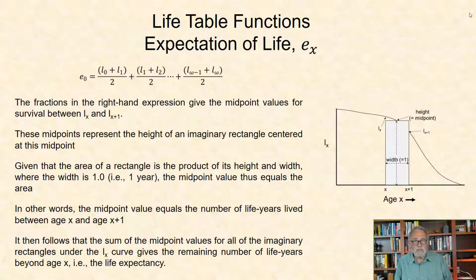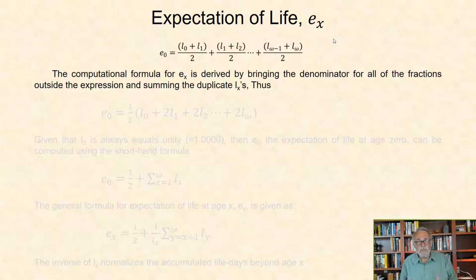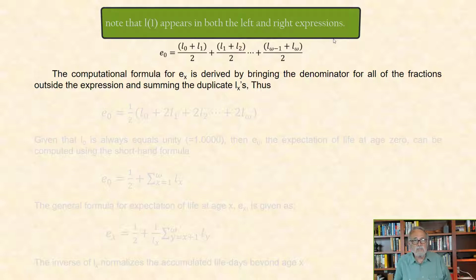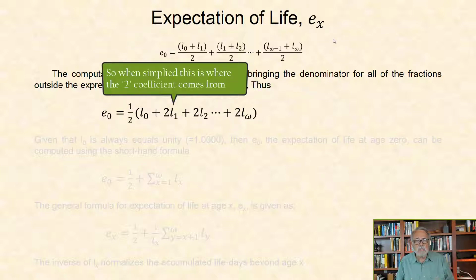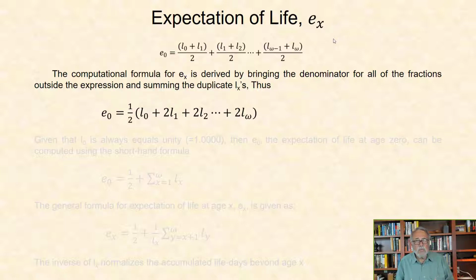the life expectancy. The computational formula for ex is derived by bringing the denominator for all of the fractions outside the expression and summing the duplicate lx's. Thus, e0 equals 1/2 the sum of the expression inside the parentheses. With the exception of l0, there are 2 of every lx value due to the computation of averages in which each value is used twice.